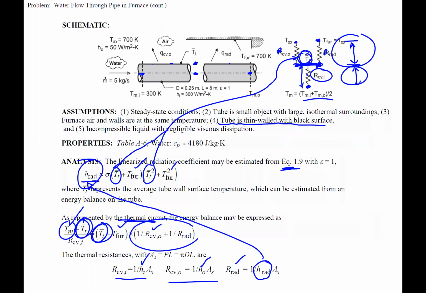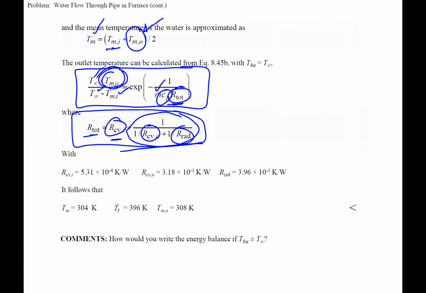We would have to guess this initial tube temperature too, but we basically are guessing, and then all the equations will go through and solve for our new outlet temperature.